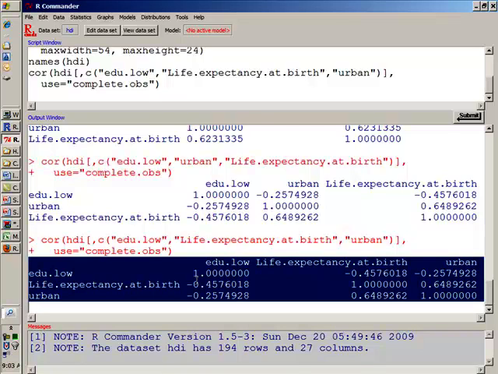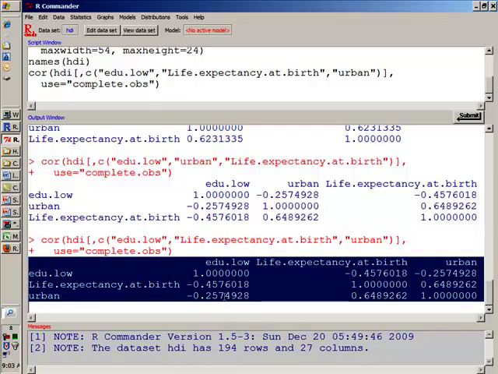And the coefficient of correlation between life expectancy at birth and lower levels of education is negative 0.45. Similarly, the correlation between urban and low education is negative, and it's minus 0.25.